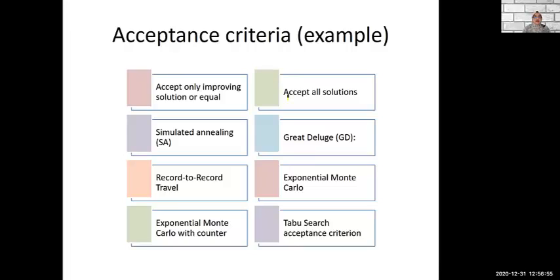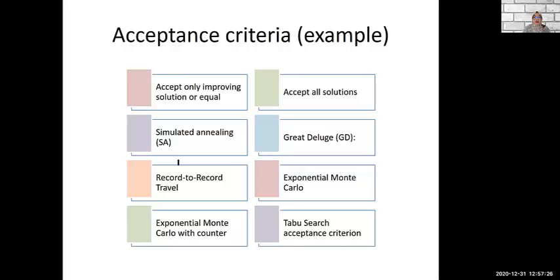Then we have the simulated annealing acceptance criteria. The solution returned by the low-level heuristic will be accepted based on the annealing probability of acceptance. Great deluge: the solution returned by the low-level heuristic will be accepted depending on the great deluge acceptance criteria.